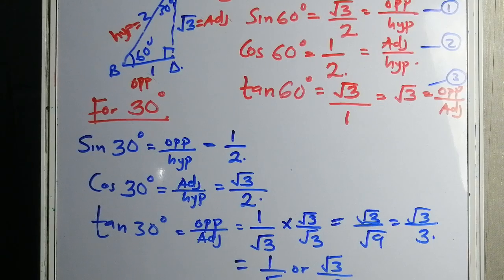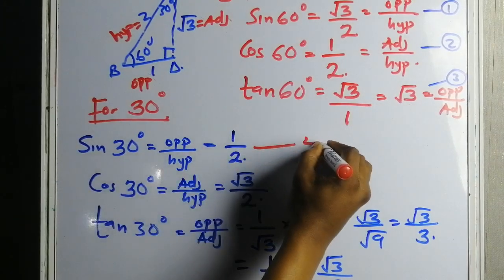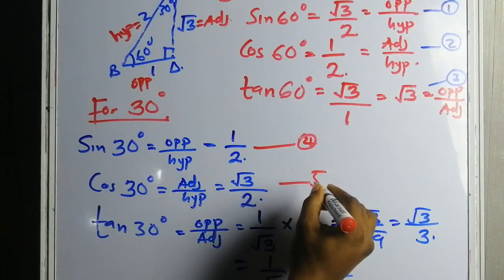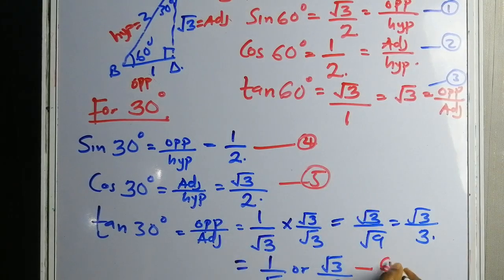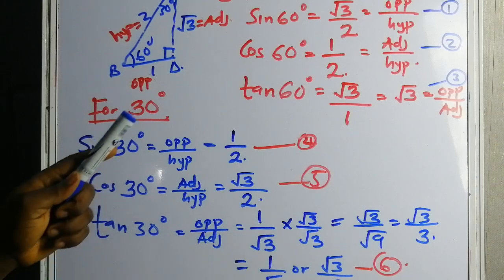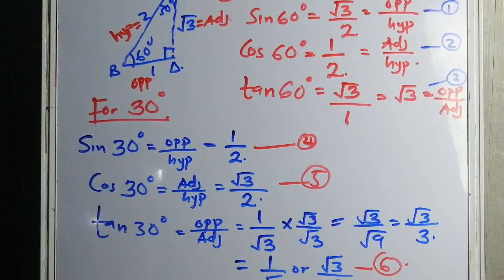And we've gotten sine 60, cos 60, and tan 60. If you look at this very well, this is equation 4, equation 5, and equation 6. Look at it very well. Equation 2 and 4 are the same.